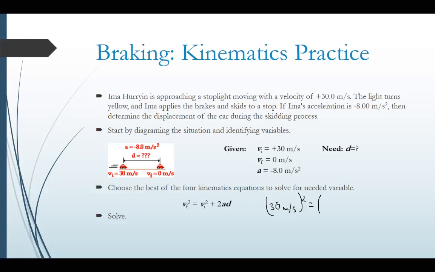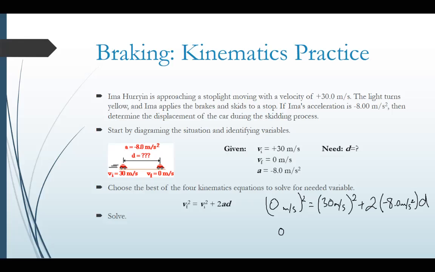I wrote the wrong number. See, this is why you have to pay attention to details. So VI is 0 meters per second, because VF equals 30 meters per second. And this one is squared also. Plus 2 times A. We know A, negative 8.0 meters per second squared. And D, which we don't know. That's what we're going to solve for. Well, 0 squared is still 0.